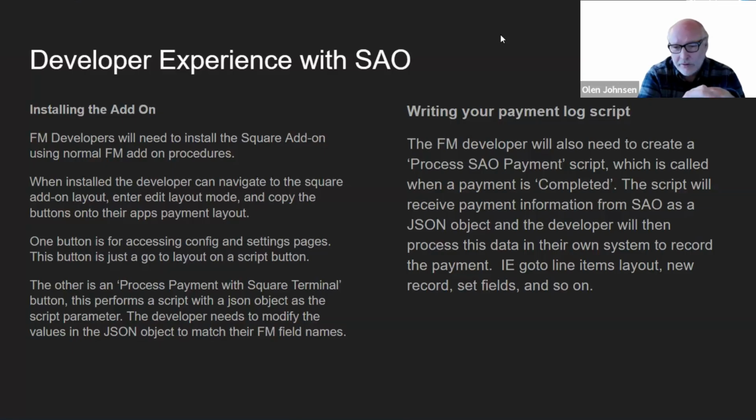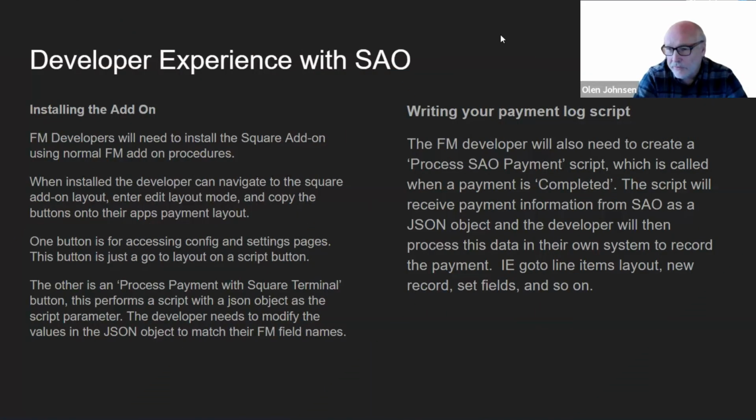One button goes to the config and settings pages, and the other goes to the processing layout and then triggers the script. The developer needs to modify the values in the JSON object to match their FileMaker field names, and you really only have to modify the values in the JSON object in the button's script parameter.